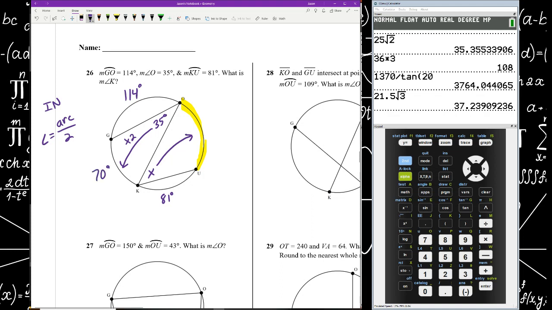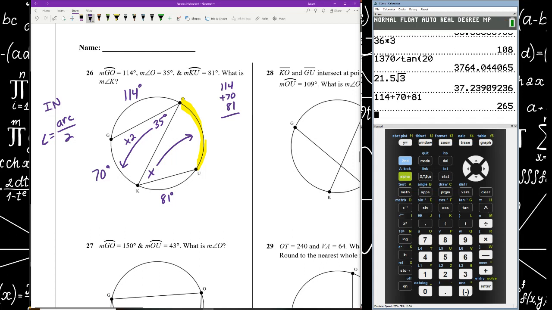Now when we add up 114 plus 70 plus 81, we get 265. We take 360, subtract 265, leaving us with 95 for this arc.